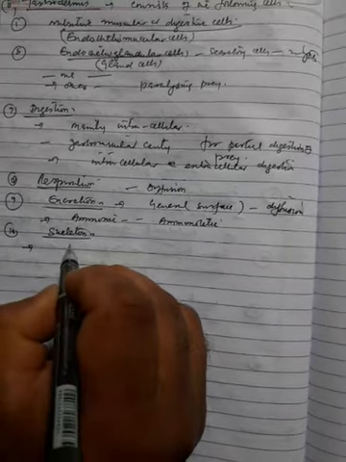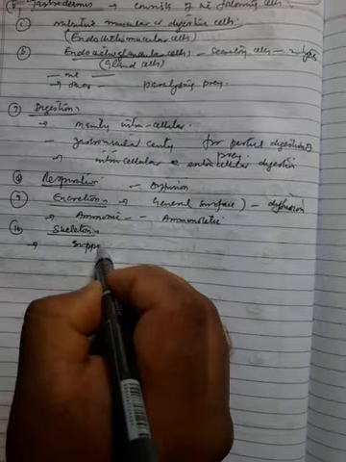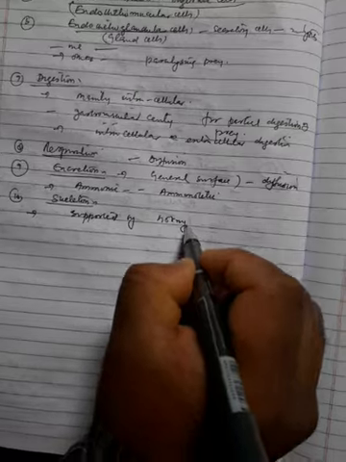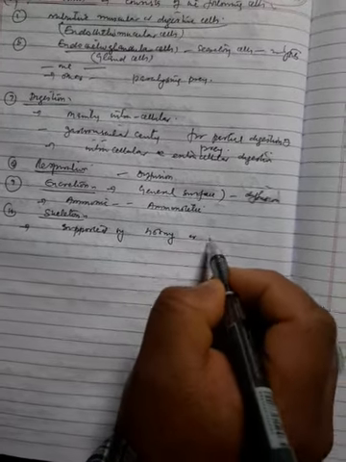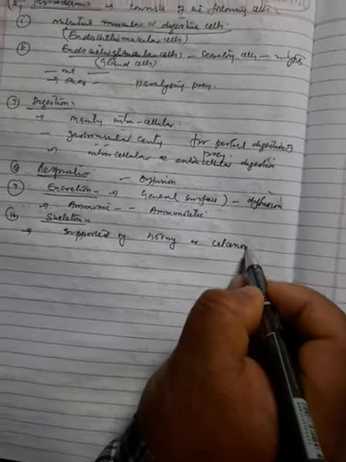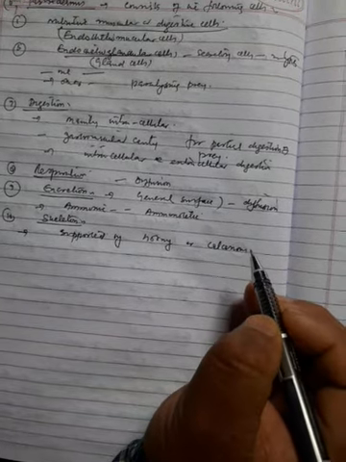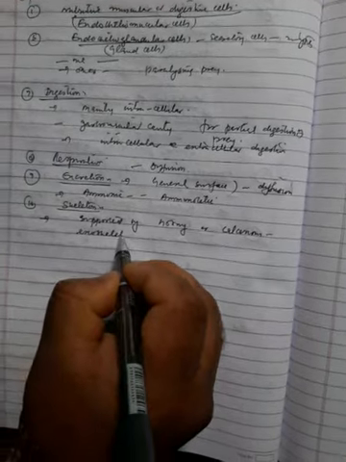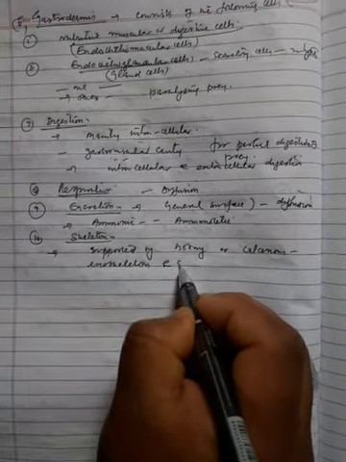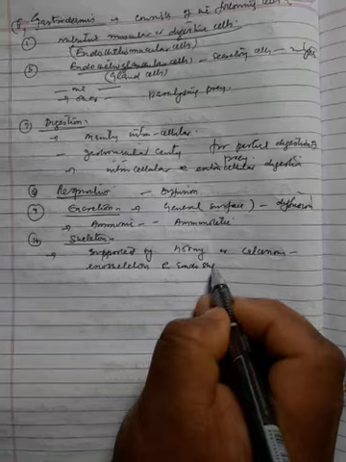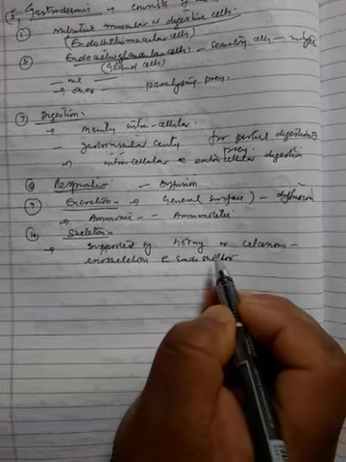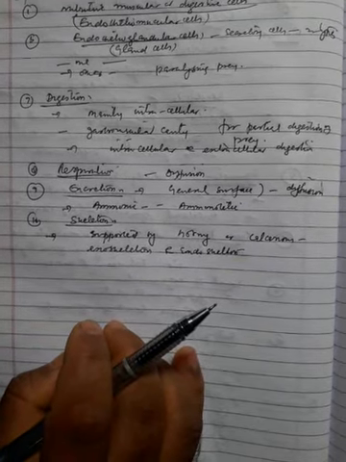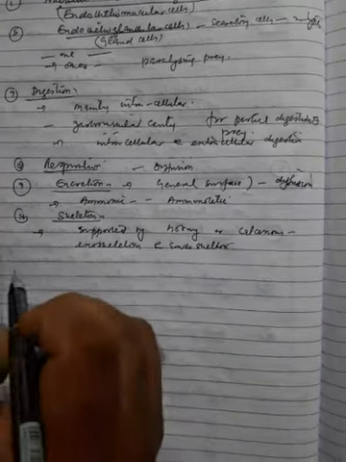The body of Cnidaria is supported by horny or calcareous exoskeleton or endoskeleton.